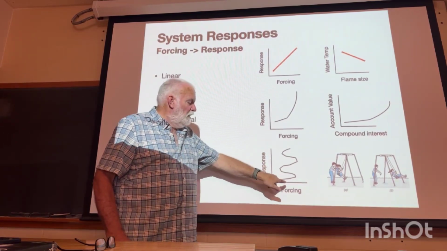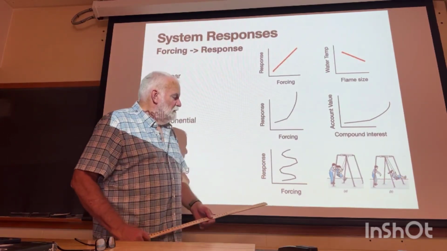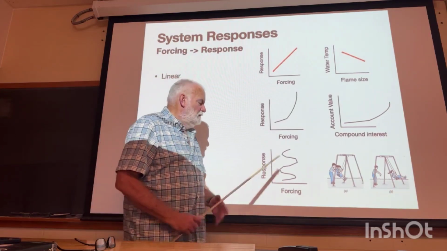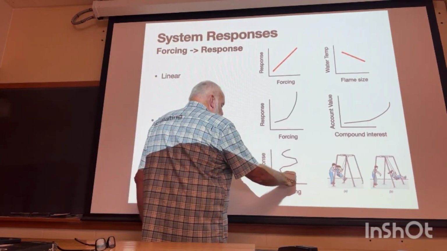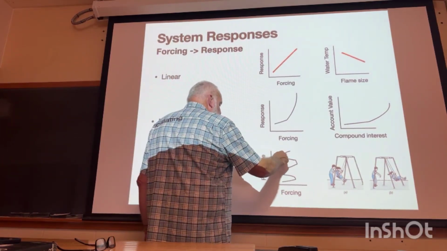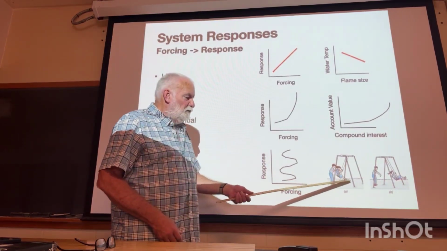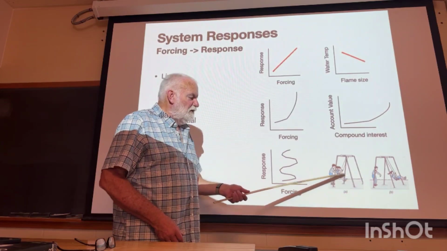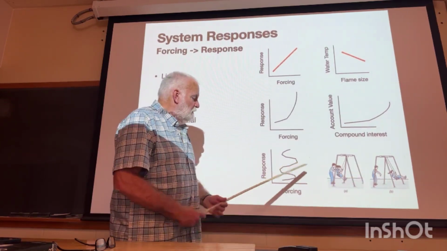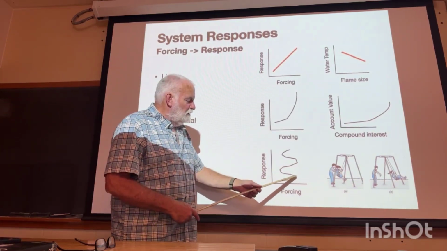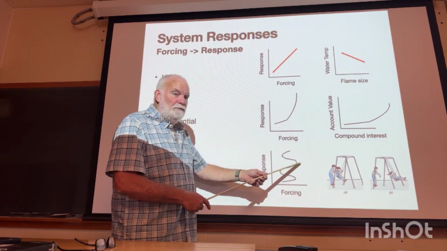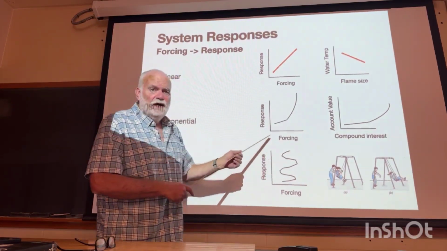But the response, in this case, the forcing changes and the response changes also on a long term, right? And as we described, the swing does this, that there's a push to get the swing going of the pendulum. So we could think of a push and back it comes, a push and back it comes, a push and back it comes.